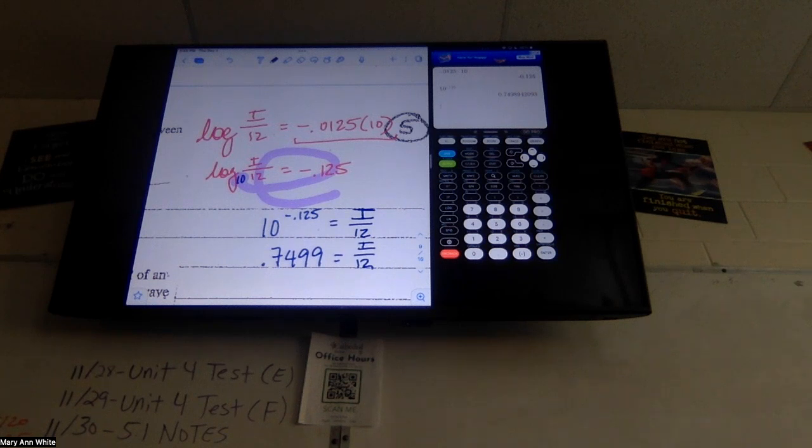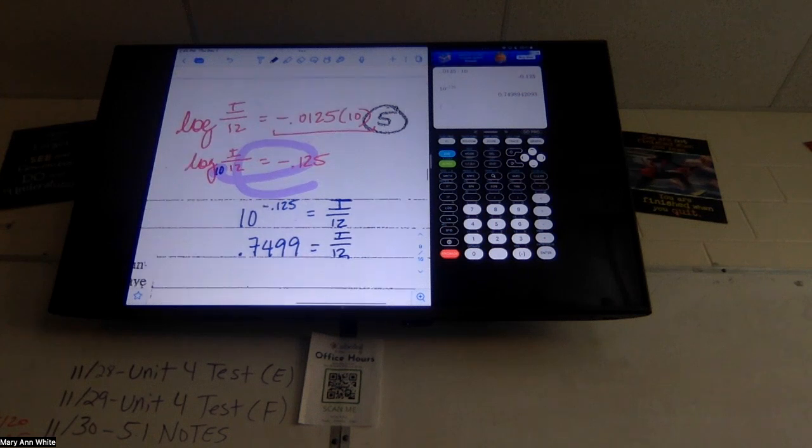And then how do we get I all by itself? Multiply by 12. I'm gonna take that number times 12 and I get about 9. 9 is about what I is equal to. All we did was we plugged in and we did a log roll. That was easy.